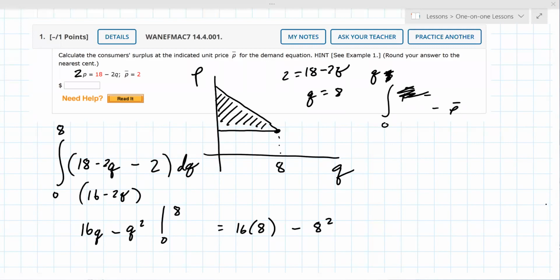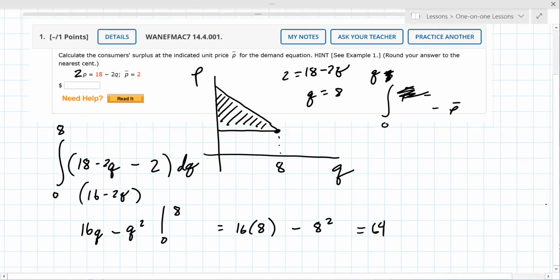I'm going to get my calculator right now too. 64. 64, yeah. Okay, so that's completely correct. And let's move to the next one.